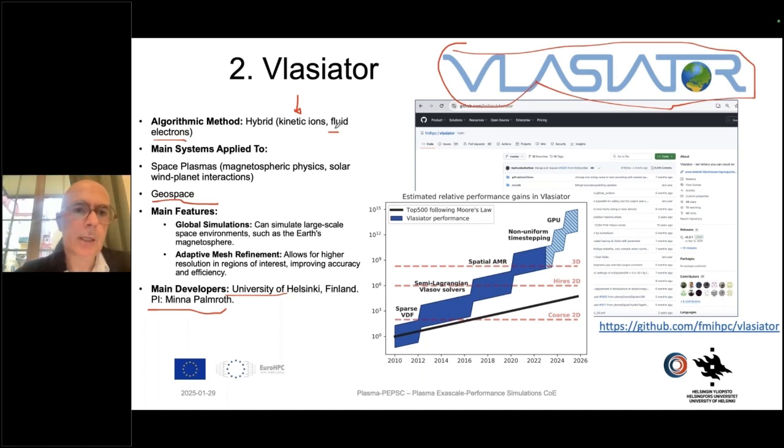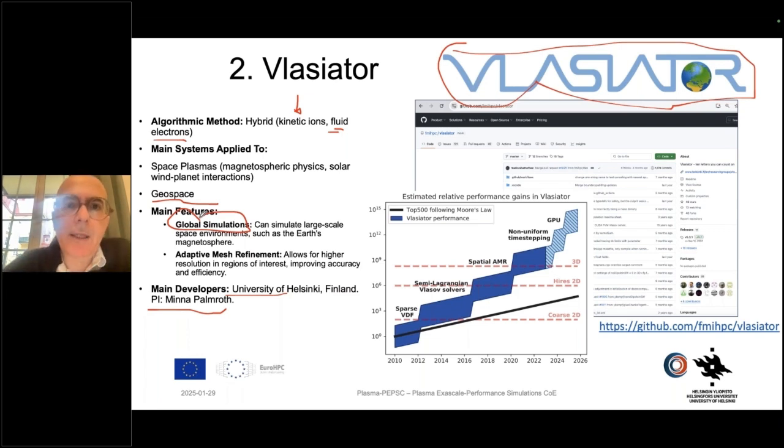This is an approximation in order to be able to average across some small scales of the electrons and attack the big problem of global simulation. So the main feature, the uniqueness and the beauty of this code, is really the capability of modeling global simulations, so it can simulate large-scale space environments such as the Earth's magnetosphere.